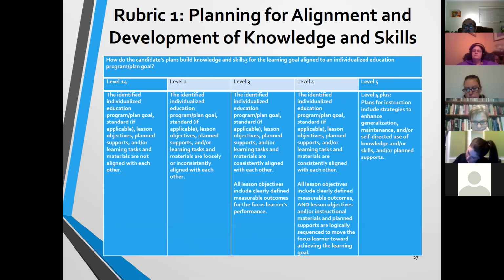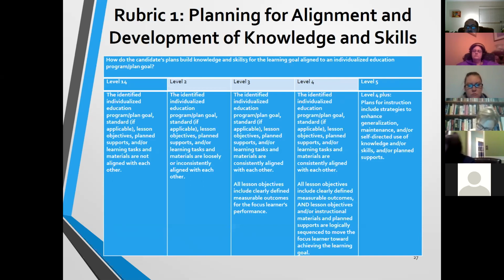Make sure that your learning goal, your objectives, your learning tasks, your materials, everything must be aligned to the learning goal that is set in the IEP. So whatever you choose to do, whichever academic arena it is from, everything must be aligned. And I mean laser-like aligned, okay?